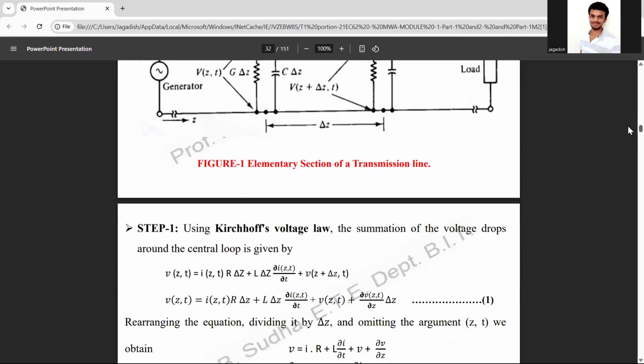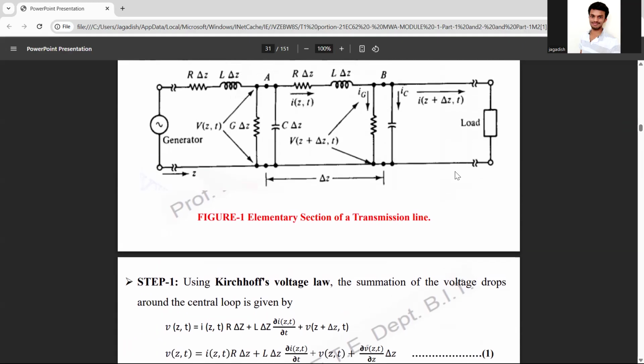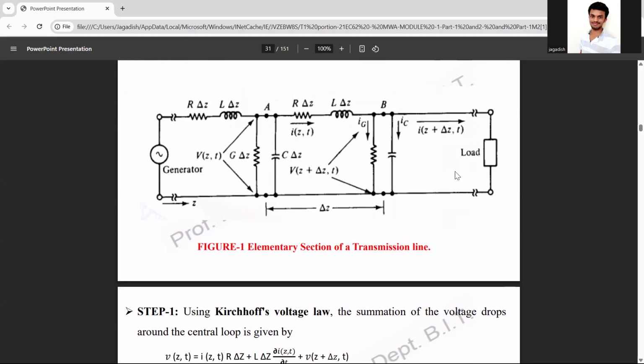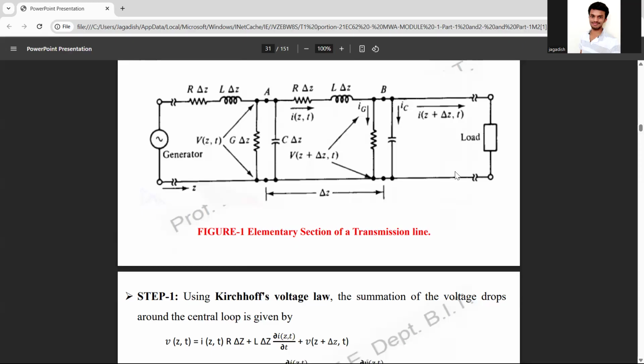Okay. Using KVL, Kirchhoff's voltage law, the summation of voltage drops around the central loop. You have to apply KVL for the loop. What does Kirchhoff's voltage law state?